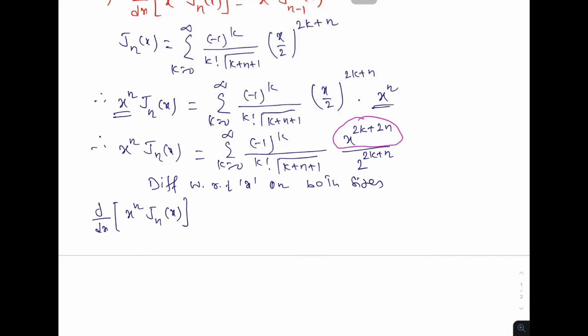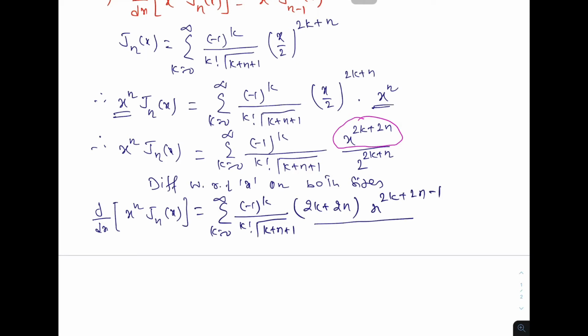So that is equal to series k equal to 0 to infinity, minus 1 power k over k factorial gamma k plus n plus 1, now this is 2k plus 2n, x power 2k plus 2n minus 1 over 2 power 2k plus n.